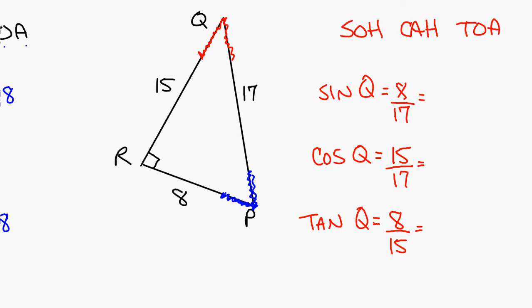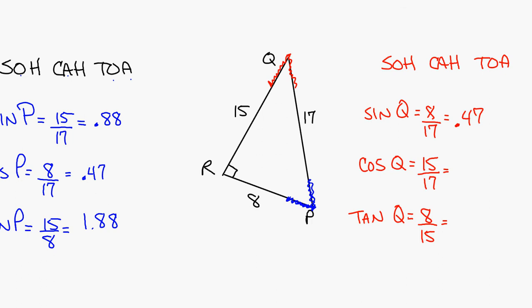You got the 8 over 17, you got the 15 over 17. So you can just transpose them. Your sine of Q is 8 divided by 17. You've already done it. It's 0.47. Your cosine of Q is 15 over 17, which is 0.88. And your tangent of Q is your 8 over 15, which is, you don't have that one yet, do you? 8 divided by 15, 0.53. Okay?